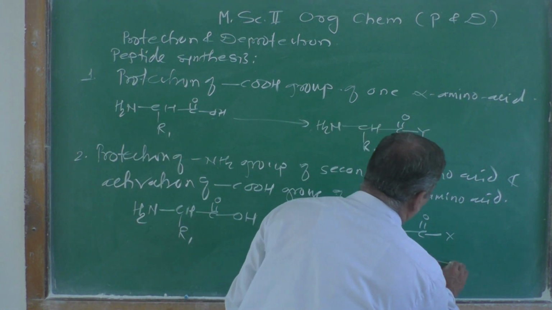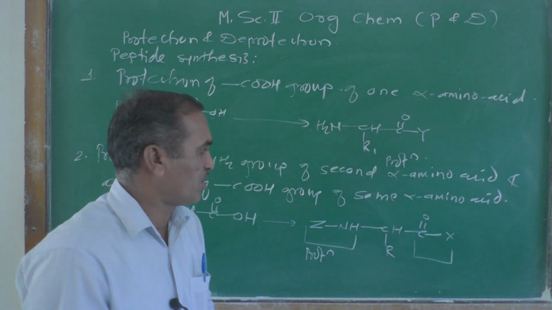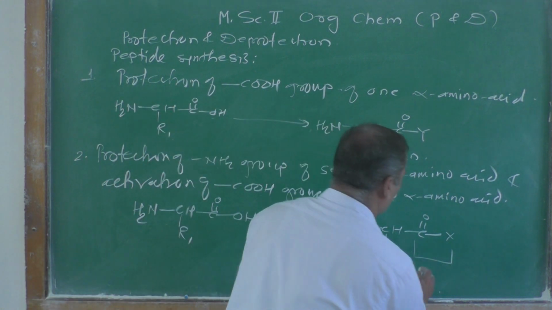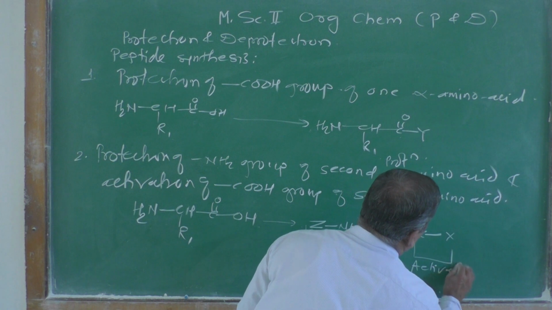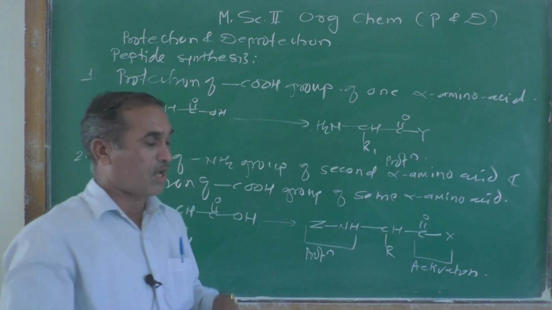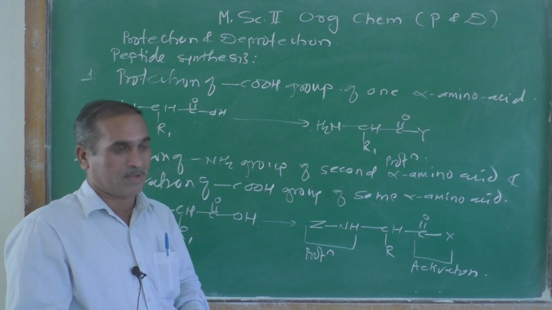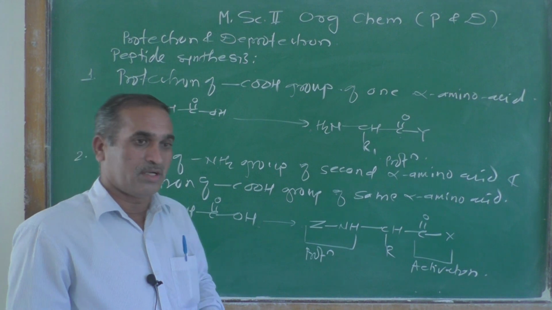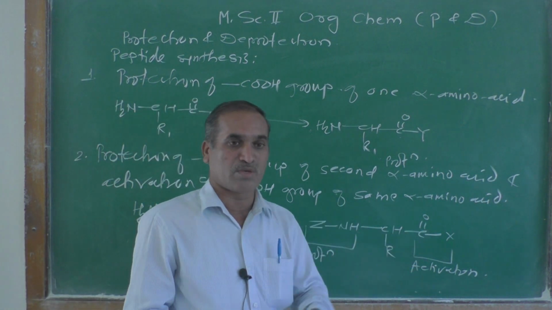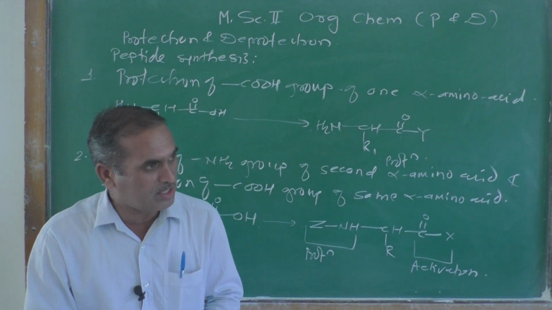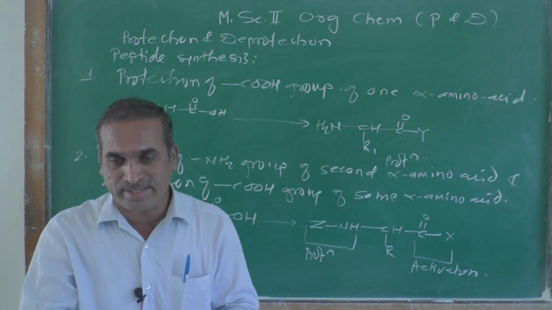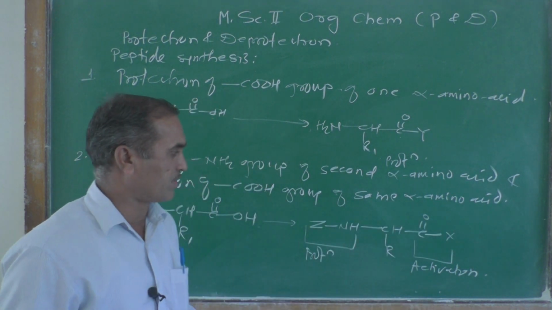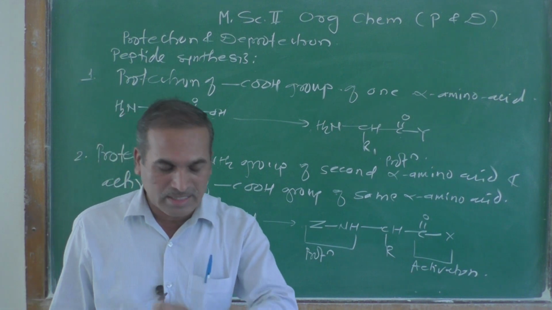And in this case, what do you see over here? Activation. This we can call the activation. We activated that carboxylic group, because the reactivity of carboxylic group is less. When it is converted into acid chloride, that carbonyl carbon becomes more electron deficient in nature, and the nucleophilic substitution reaction can be easily carried out at that center, and we will get the desired product.